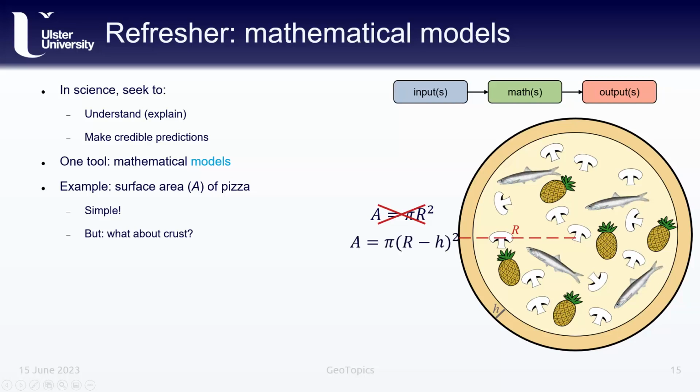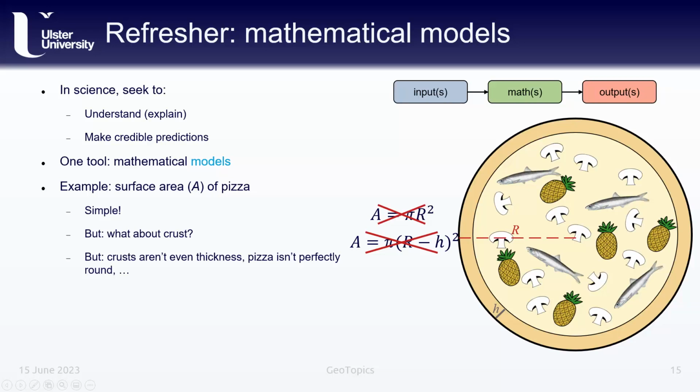So, okay, fine. We subtract away the thickness of the crust from our radius of the pizza, and there we are. Except crusts aren't even thickness most of the time unless you're really, really good. Your pizza isn't going to be perfectly round, again, unless you're really, really good. We have to think about the distribution of the toppings on the surface of the pizza, and so on.